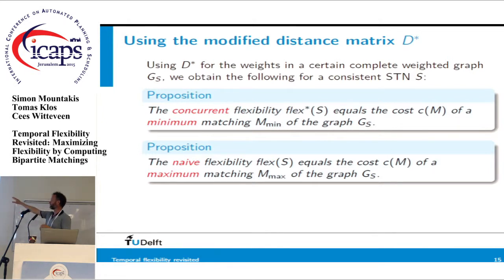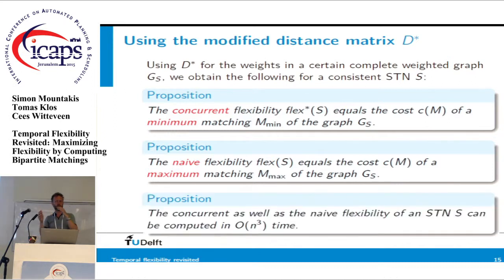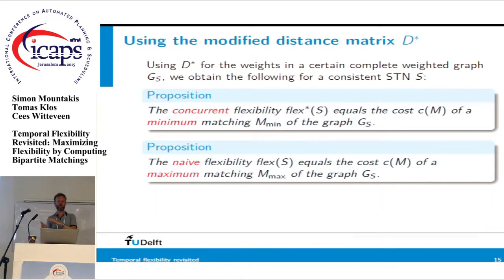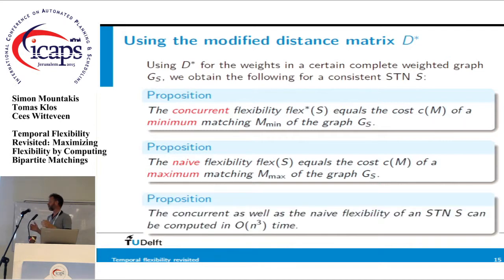So the concurrent flexibility metric is the cost of the minimum matching in this graph, and the naive flexibility is exactly the cost of the maximum matching in this graph. And because you can do this now by computing matchings in a graph, this is much more efficient than computing a general linear program. For this situation, the linear program would take approximately order n to the 5th time, whereas this computation via matchings takes cubic time.